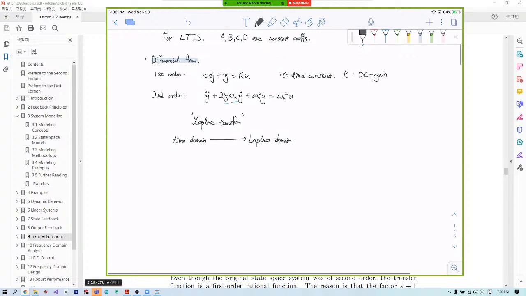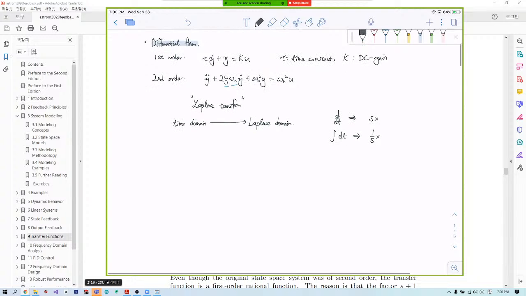For example, the operation of taking the time derivative becomes multiplying by s in the Laplace domain, and doing the integration with respect to time becomes dividing by s in the Laplace domain. In this way, we can easily characterize the system more easily.